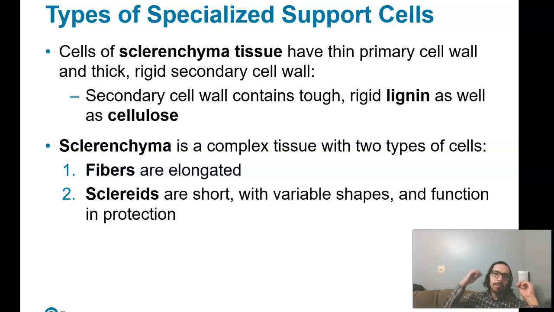The sclerenchyma is a complex tissue, so it has more than one tissue type. It has fibers and it also has sclereids. The fibers are elongated and the sclereids are short, with variable sizes and functions in protection.